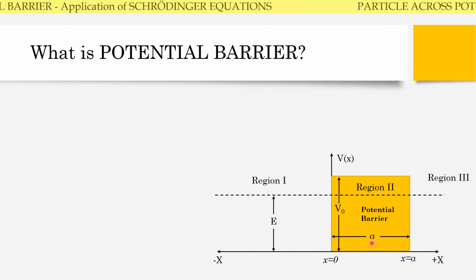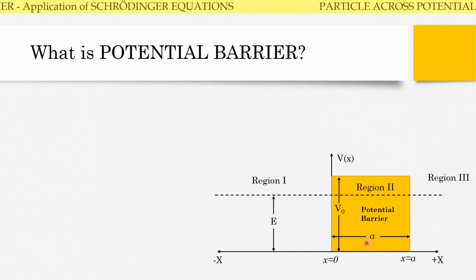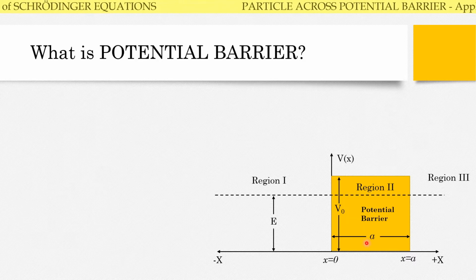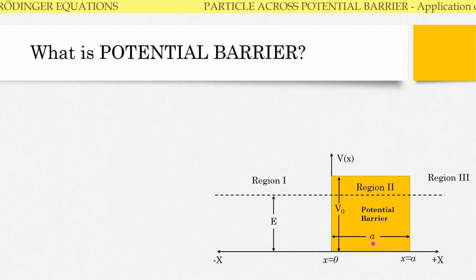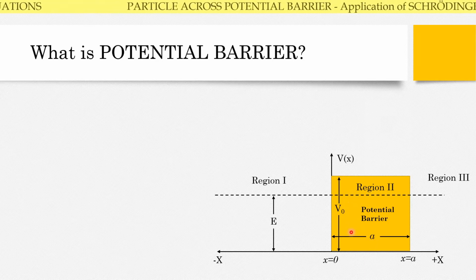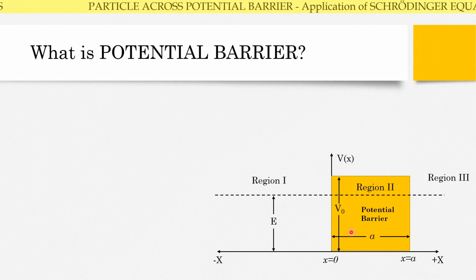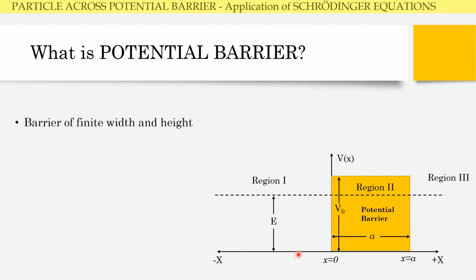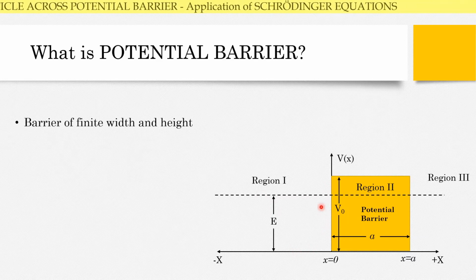And that is why that was called the potential step. And here we have included into our calculations the width a of the potential, height V naught, and named it as potential barrier. So this is the potential barrier, which is of finite width a and height V naught.